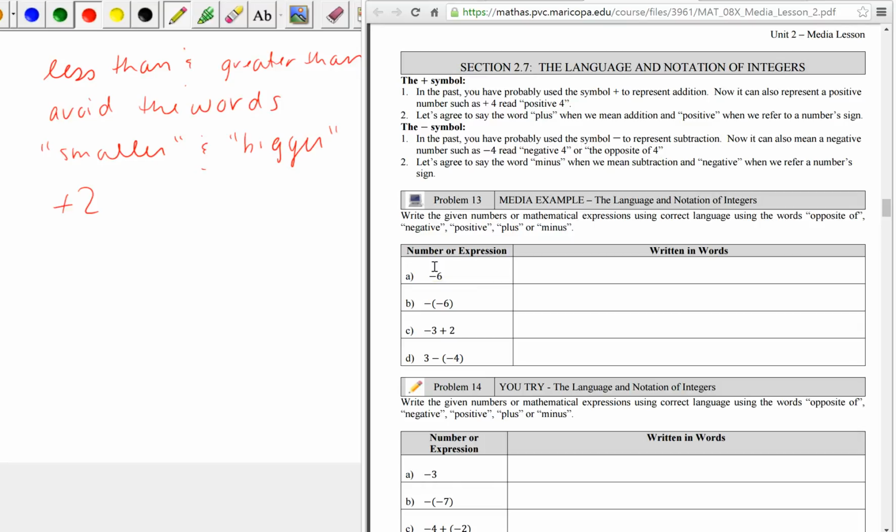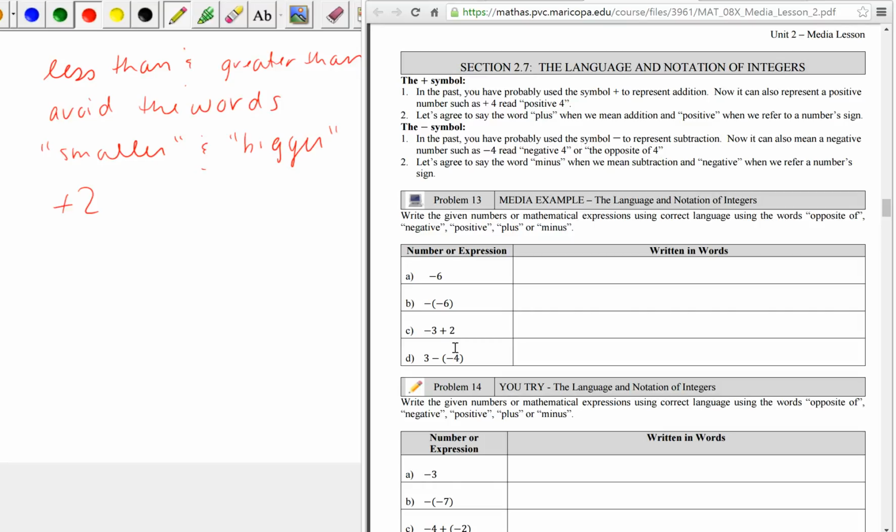This was -6, okay. So drawing their attention to this idea will help them, especially when we get to problems like this, where they say, well, is this minus -4, or do I subtract 4 twice, or is this 3 times -4? They start to get confused about what's an operation and what's a sign. So you want to draw their attention to this first.